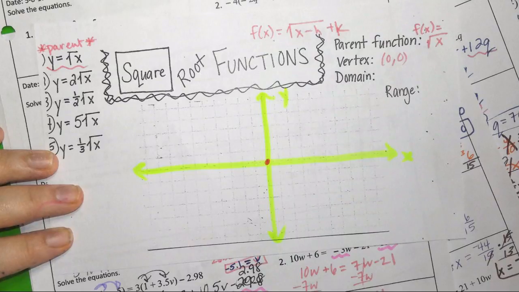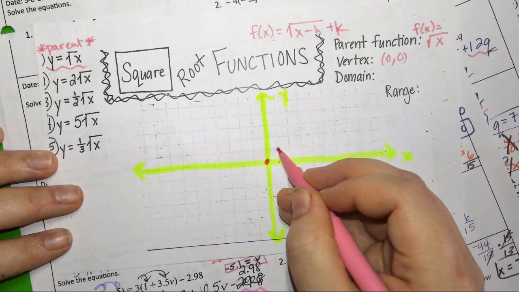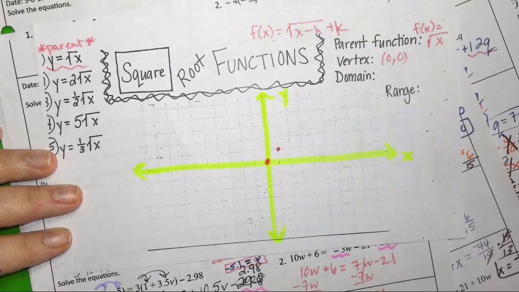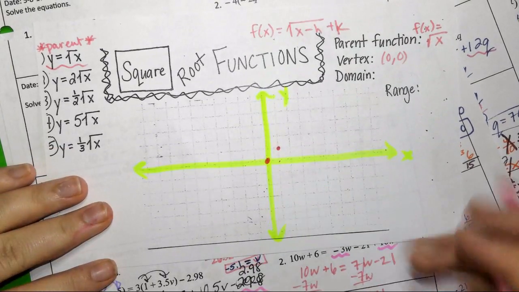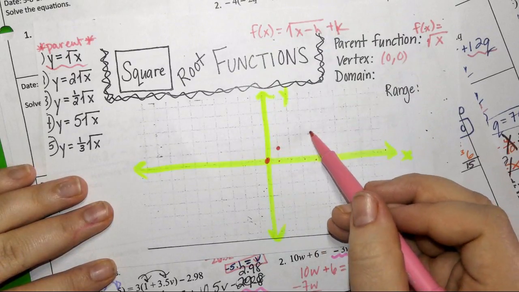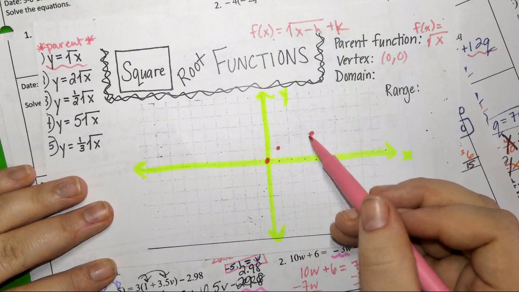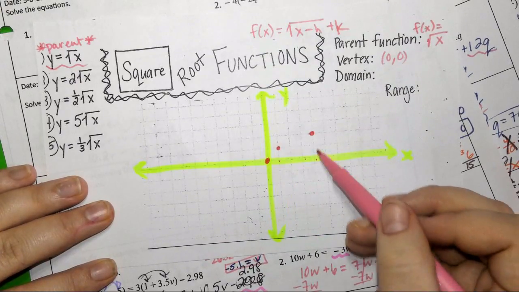Because we know the square root of 1 is 1, my next point is at 1, 1. And I know the square root of 4 is 2, so my next point is at 4, 2.